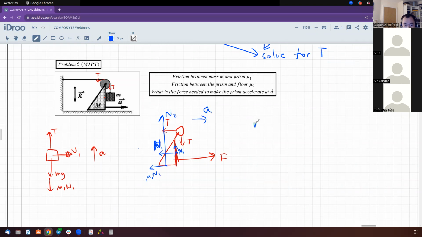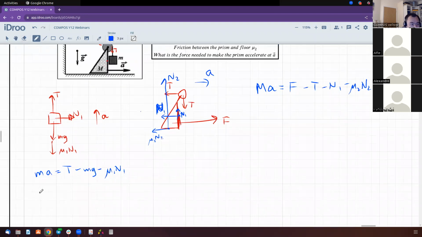So we have capital M times acceleration is equal to F minus T minus N1 minus mu 2 N2. And for this one, ma is equal to T minus mg minus mu 1 N1. Okay, and horizontally, we have the mass times acceleration is equal to N1.